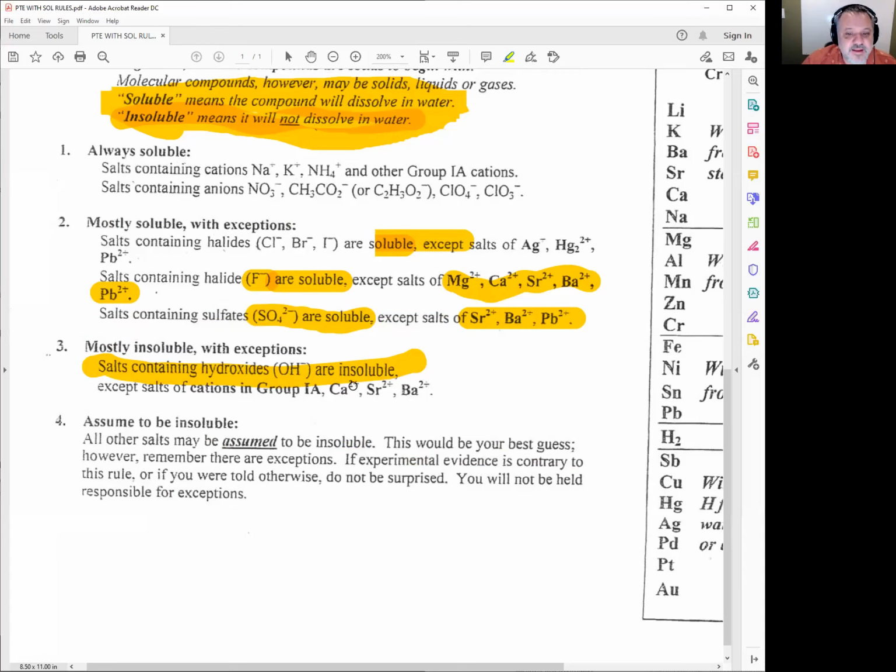In addition to that, calcium hydroxide, strontium hydroxide, and barium hydroxide are soluble as well. So this is how you use this table. And so what I want to do is stop sharing this table. I want to go back to the other screen, and I want to fill in the states on that reaction that we were working on.